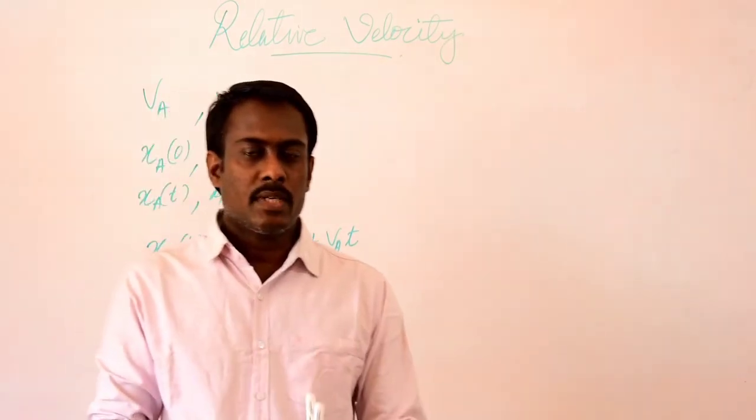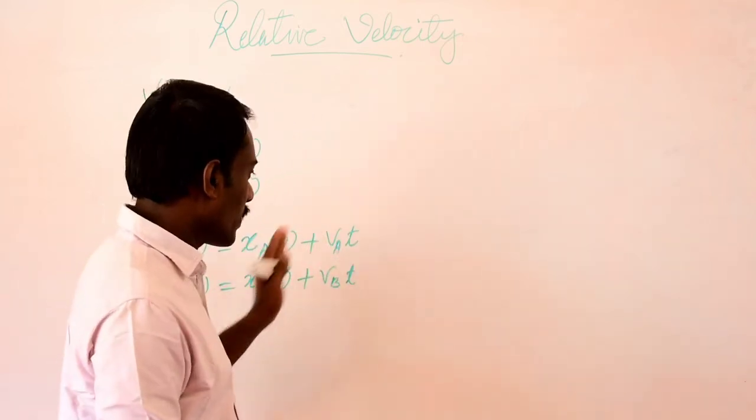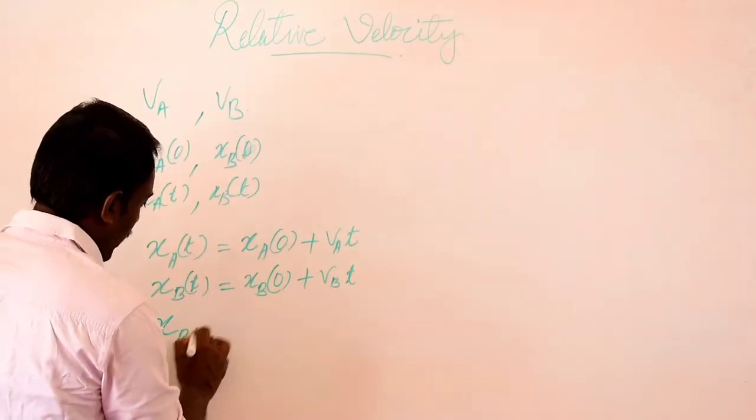Now the displacement of vehicle B from vehicle A can be written as xBA.